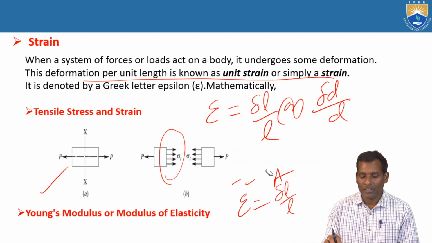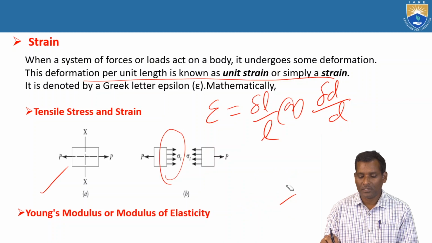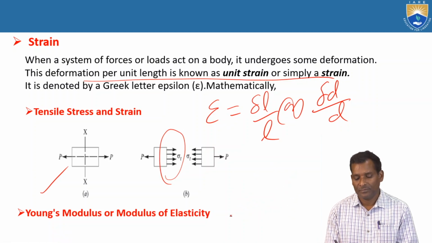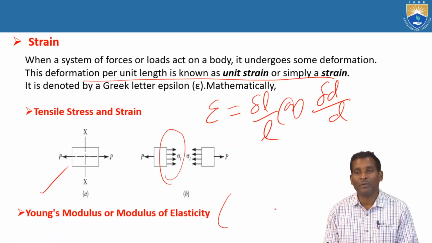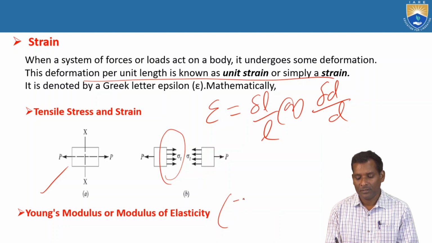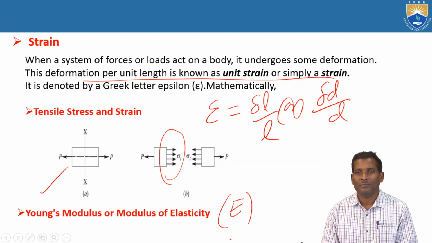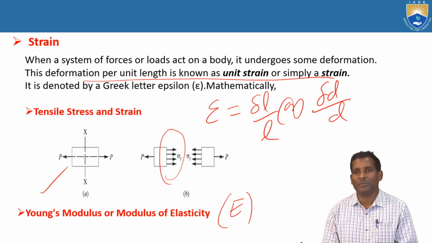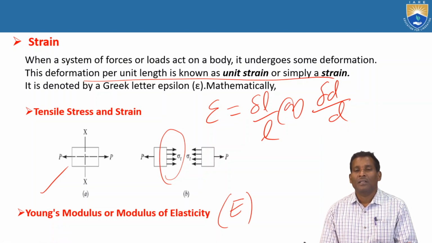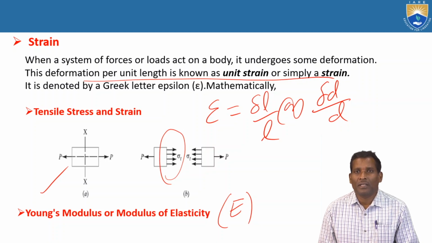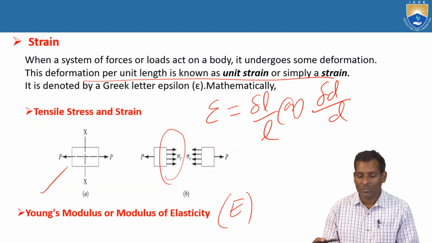The next term is Young's modulus or modulus of elasticity, which you may denote with the letter E. This is the relation between the stress and the strain with the help of Hooke's law.